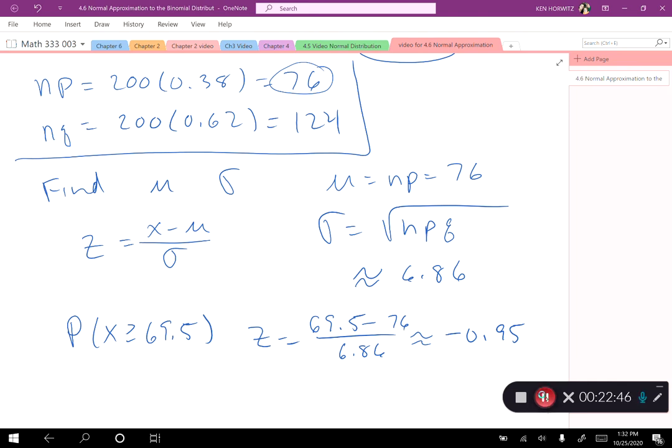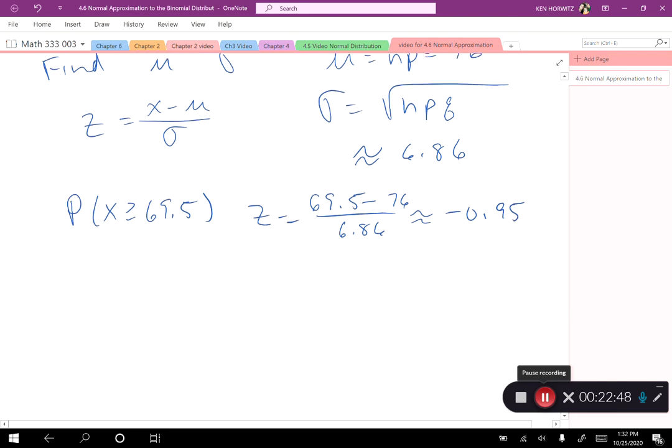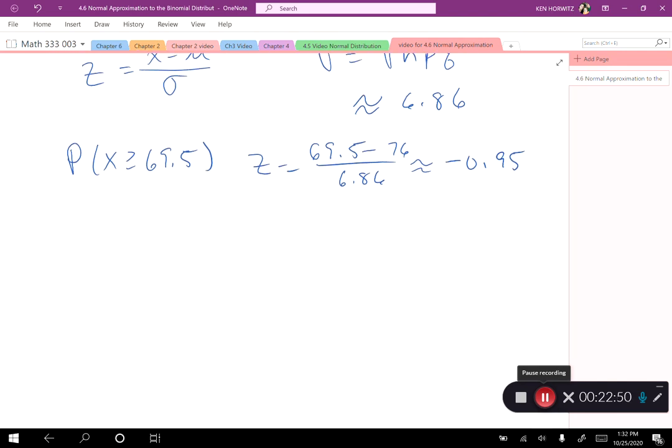All right, so when you go to your chart, I do believe that I got an area of 0.1711. I do 1 minus that, and I get an area of 0.8289.